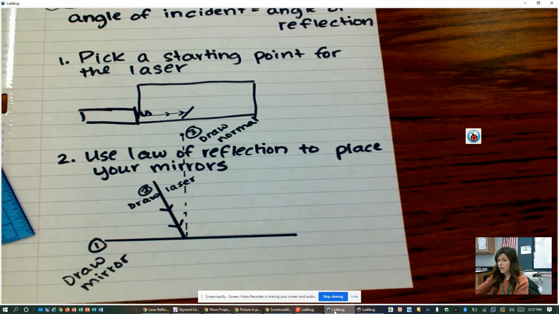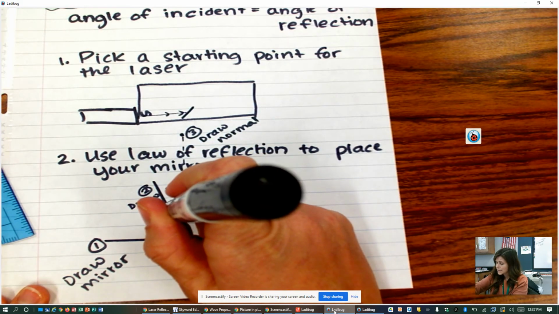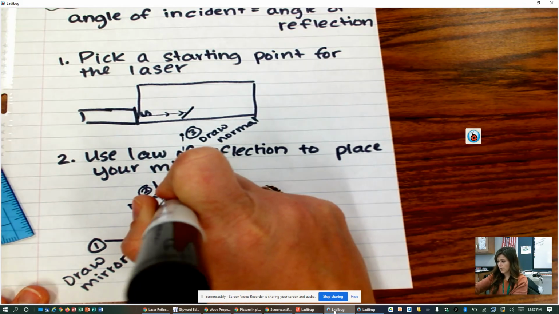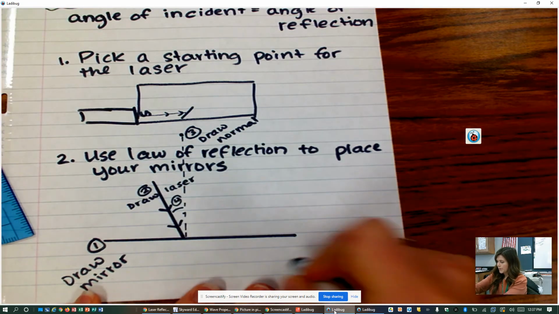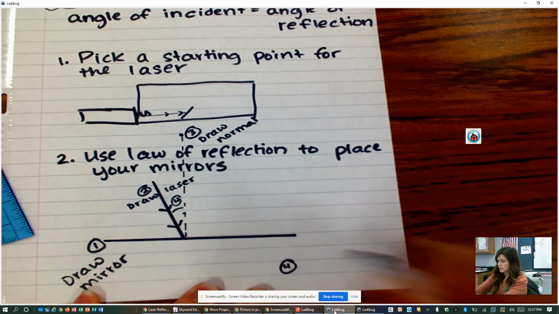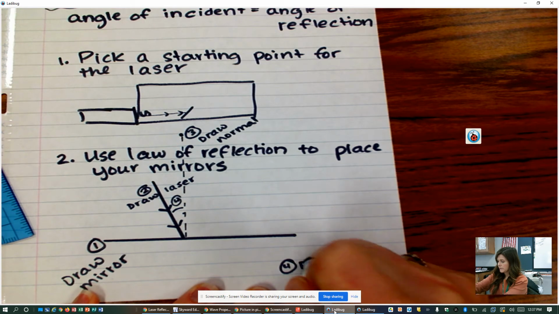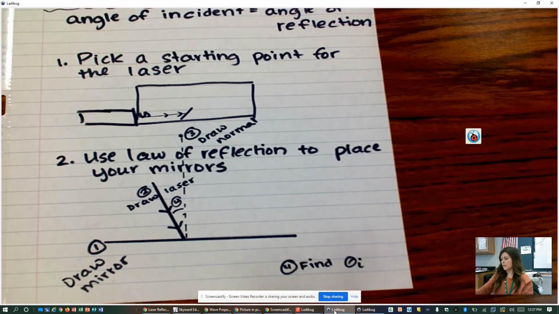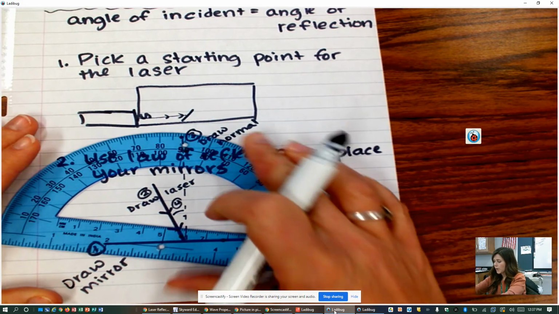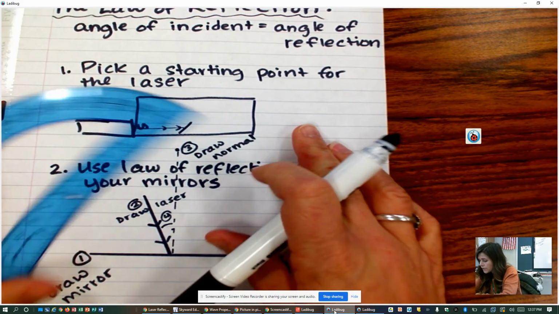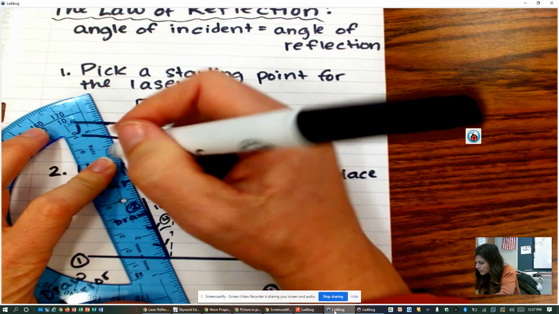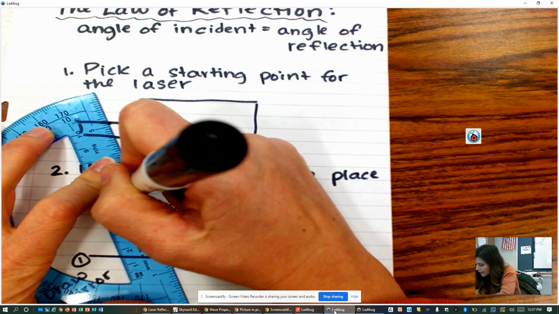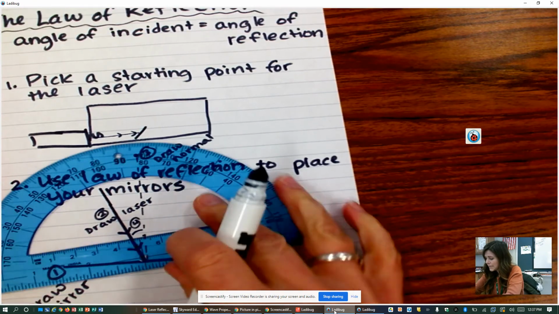And then step four is finding what this angle is. Step four, I'm going to put over here because it's so small. Find the angle of incidence. Okay, so what I do is I go over here and maybe I need to extend this a little bit more so I can see it better. So I'm going to set this up.